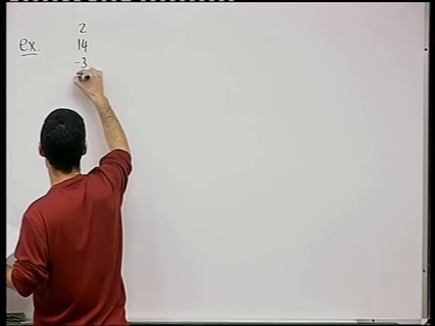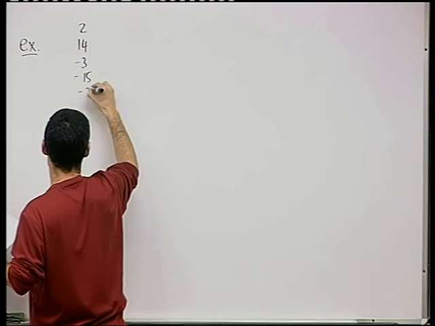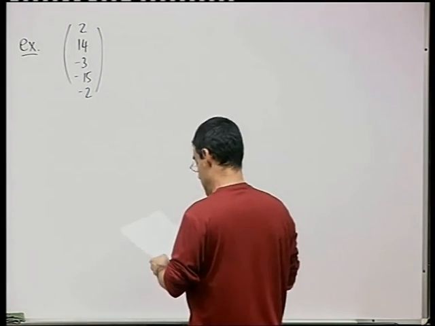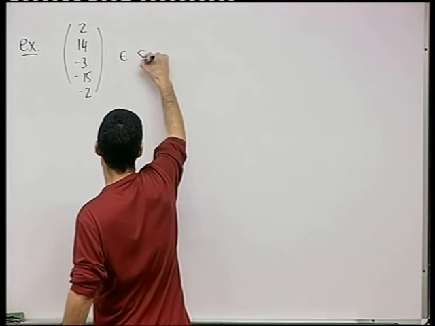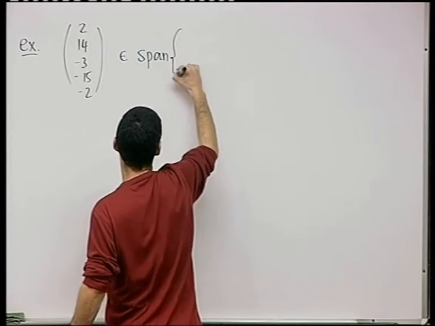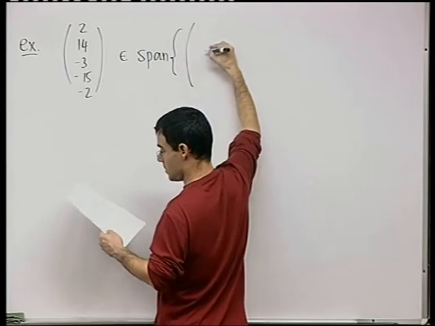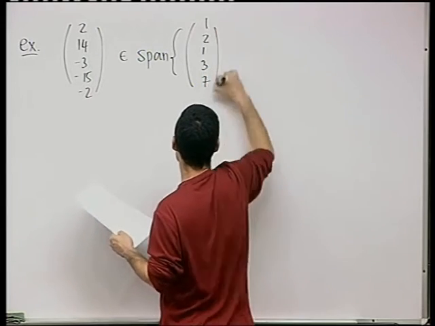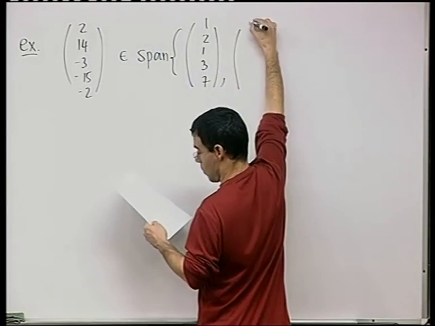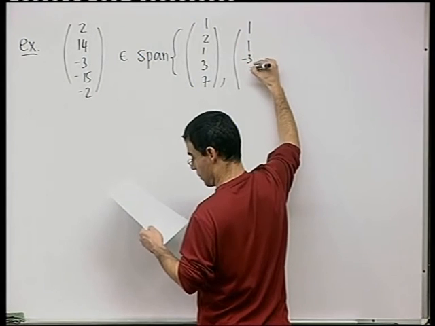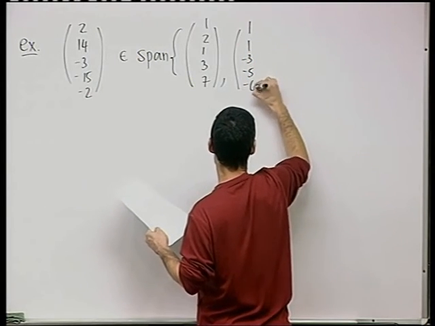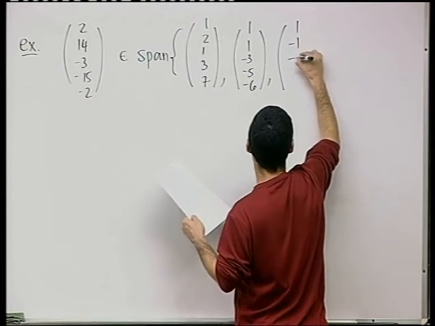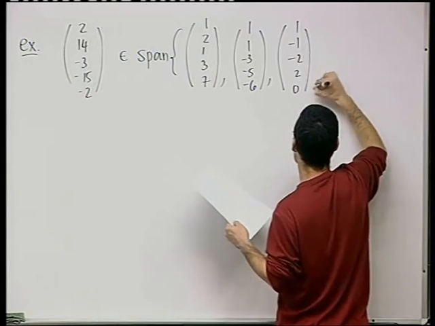So suppose we have a vector with 5 entries, a 5-tuple here. And does it belong to the span of these 4 vectors? 1, 2, 1, 3, 7. 1, 1, -3, -5, -6. 1, -1, -2, 2, 0.